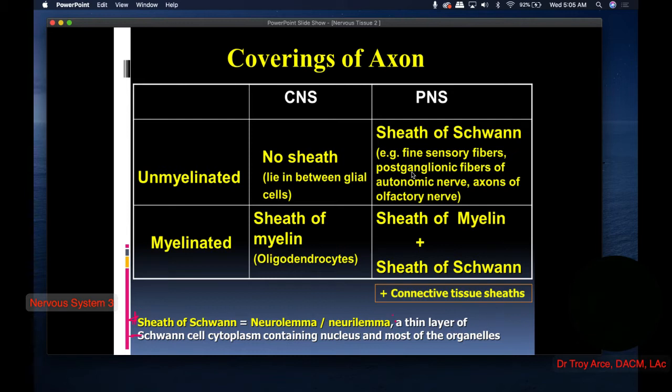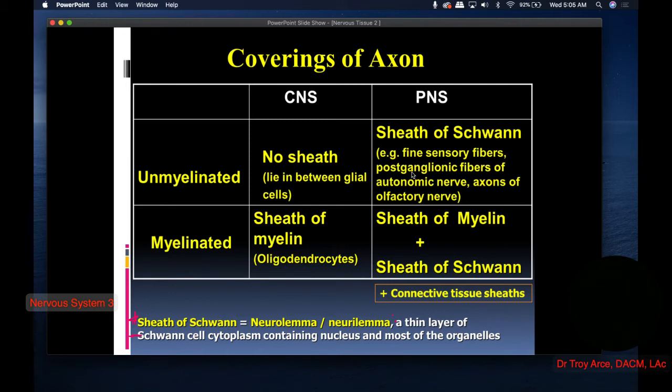In the peripheral nervous system, we have the unmyelinated, called the sheath of Schwann, and these are fine sensory fibers, postganglionic fibers of the autonomic nerve and the axons of the olfactory nerve. Then with the myelinated, we have the sheath of myelin, also known as the sheath of Schwann.